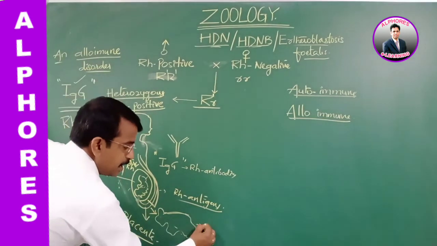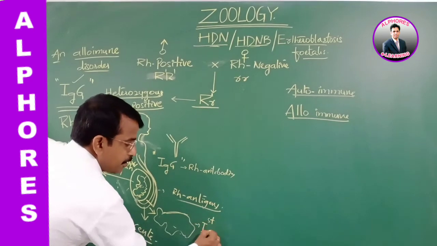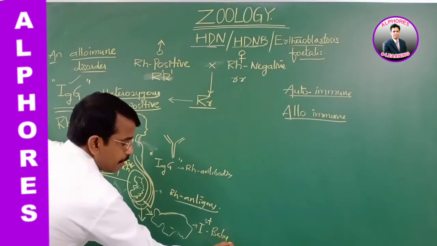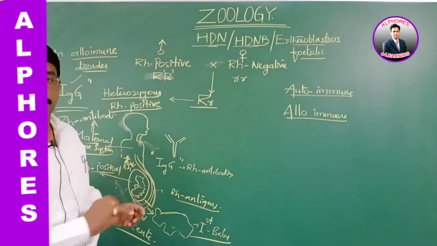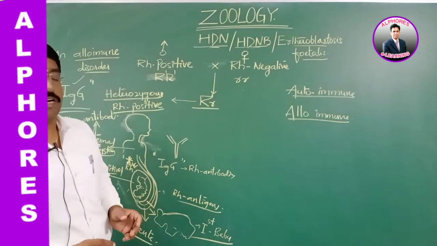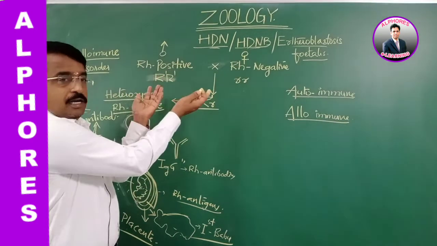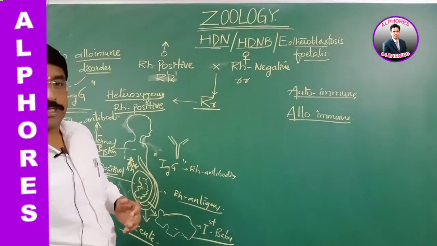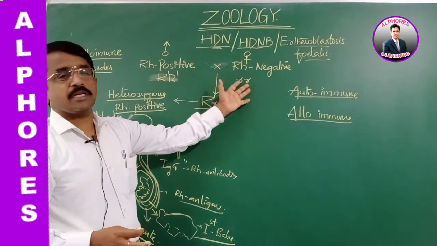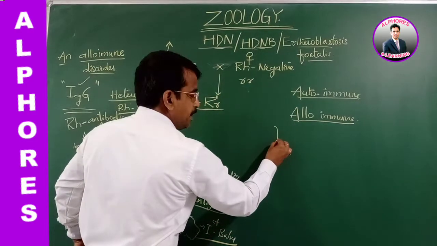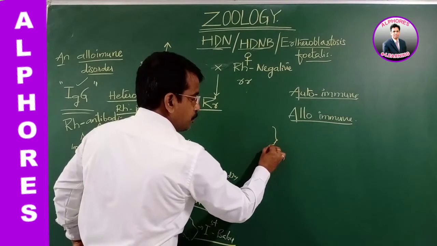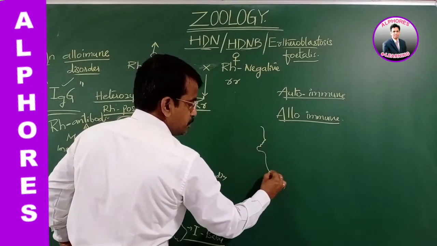That's the reason why the first baby is safe. Next, the second baby: as the father is Rh positive and the mother is Rh negative, the second baby will also be born Rh positive itself.